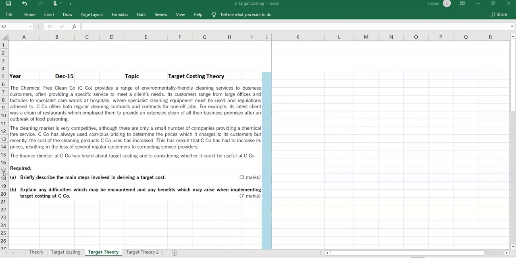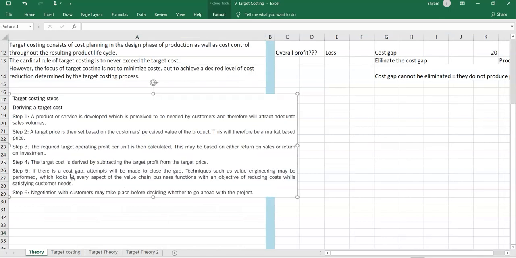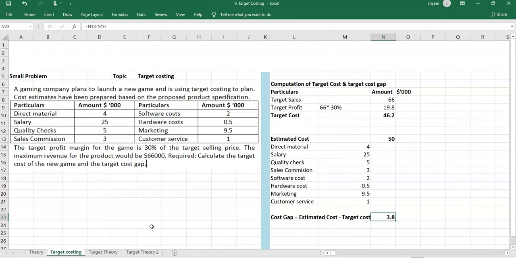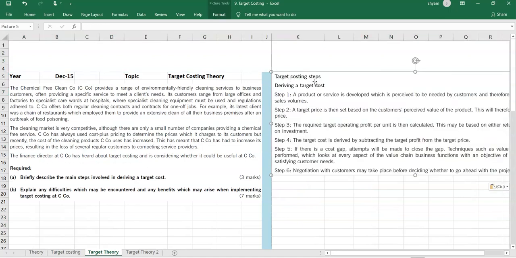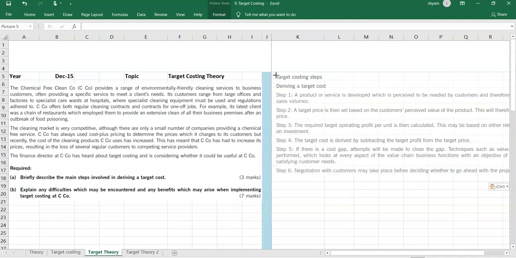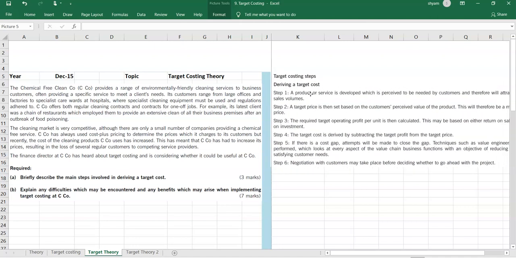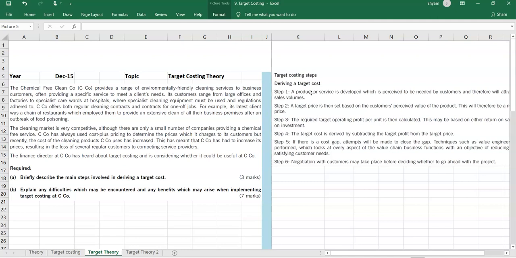For question A, we have already discussed the steps involved in target costing, so we don't need to discuss them again. If required, we'll just copy that area and paste it here. For the second one, he's asking what benefits might come because of target costing.